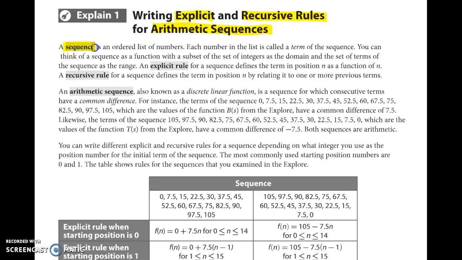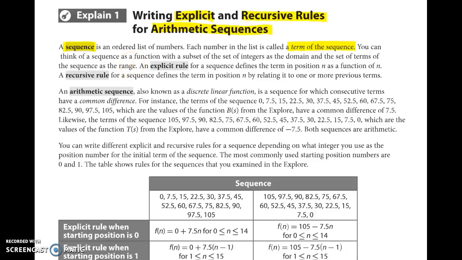A sequence is an ordered list of numbers. Each number in the list is called a term of the sequence. You can think of a sequence as a function with a subset of integers as the domain and the set of terms of a sequence as the range.